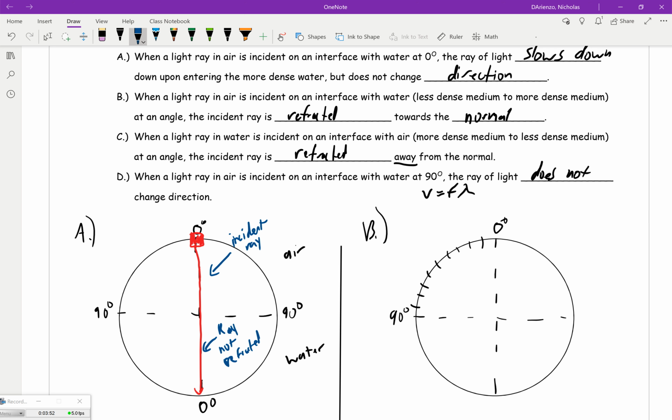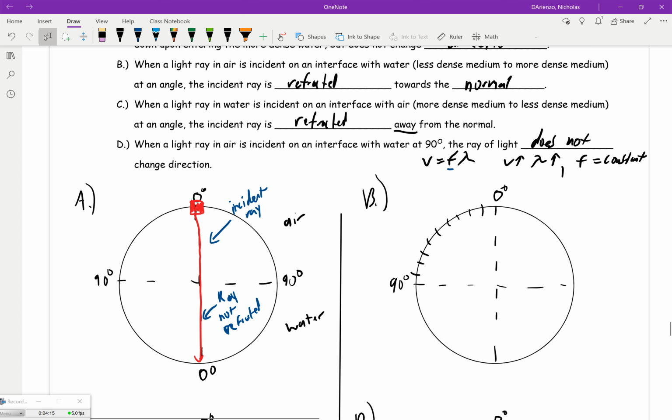In these scenarios, we're going to have a frequency that remains constant, which means the relationship between velocity and wavelength is direct. So when velocity increases, wavelength increases, and vice versa, as long as the frequency is constant.